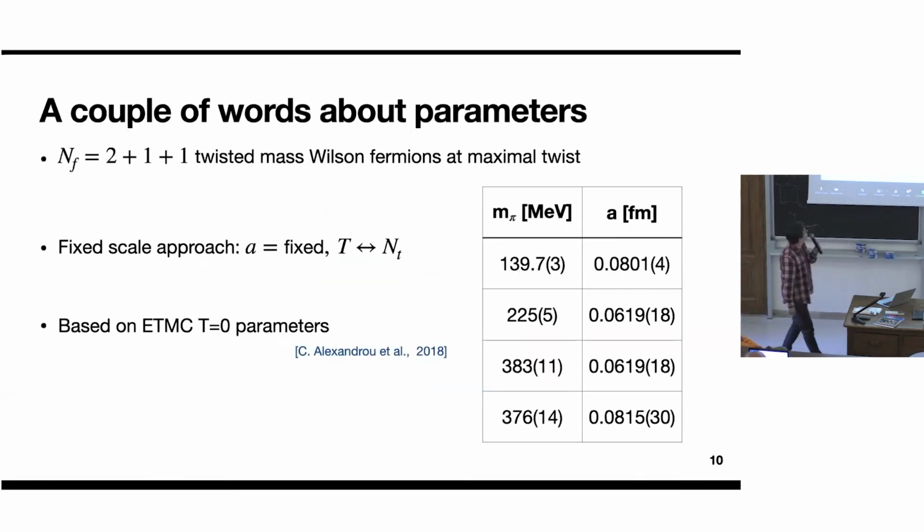Now let me turn to the results of the latest simulations. Let me say a couple of technical details. The simulations were performed with twisted mass fermions at maximal twist in the fixed scale approach, so that the lattice spacing is fixed and the temperature is varied by varying the temporal extent. And we have a set of masses starting from the physical up to the heavy quark regime.